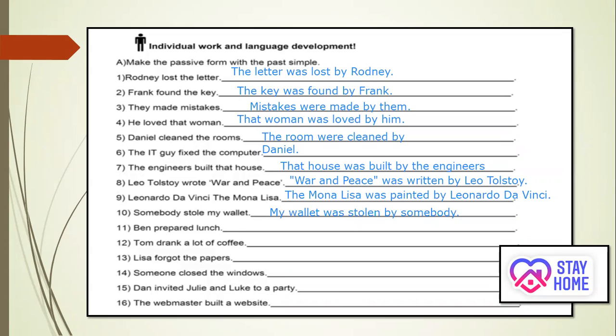It's very important that if you want to make emphasis on the object or the action in the past passive, you move the object to the subject, then the verb be and the past participle, and the complement. That's the structure of the past passive.